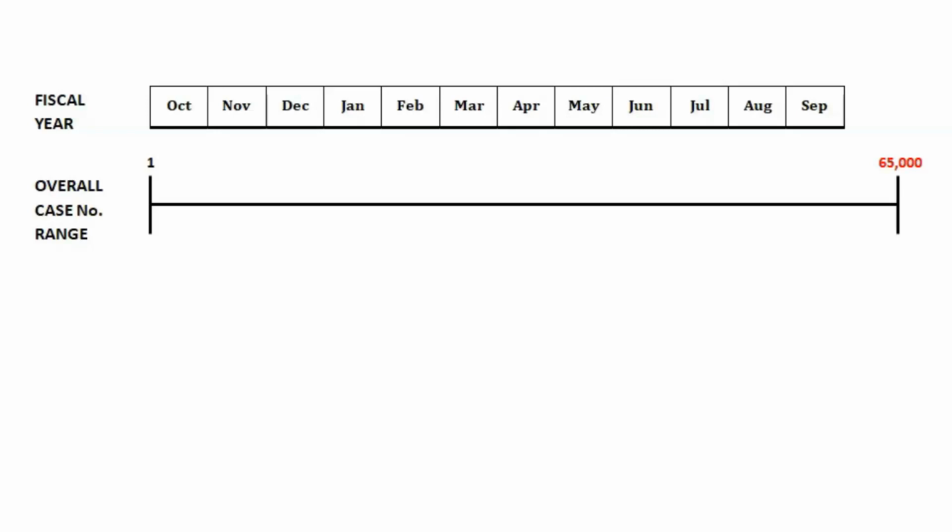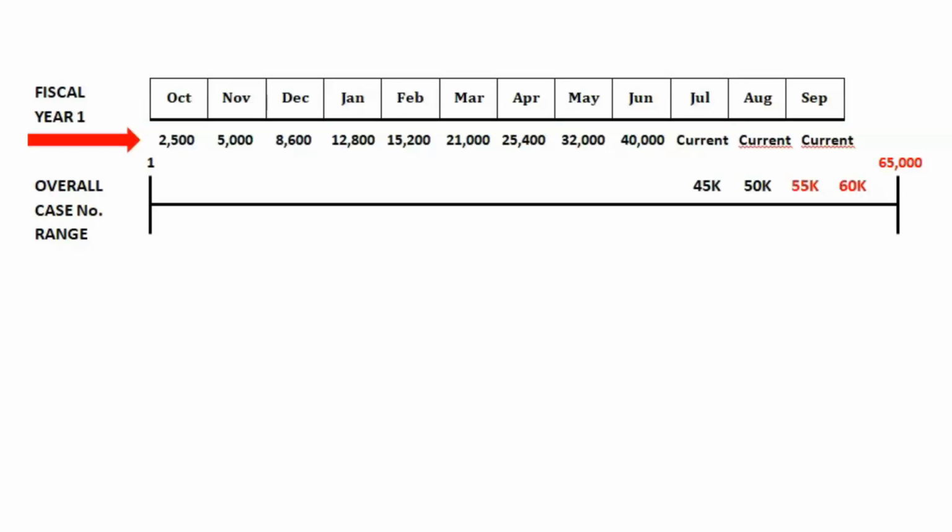So, during a program where the overall case number range is around 65,000, you could have the monthly cutoff numbers established as shown. For the month of October, 2,500, for example. For the month of November, 5,000, for example. For the month of December, 8,600, for example.